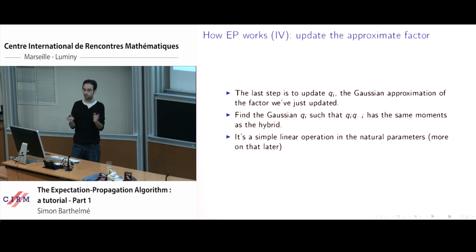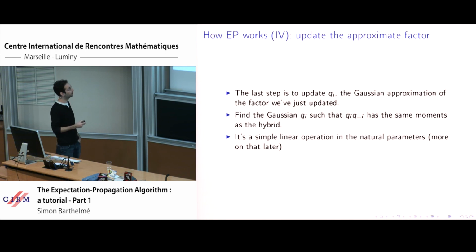And so this is the Gaussian effect of this likelihood site. And the way we get this Gaussian effect is that we find the Gaussian bit, qi, such that q minus i, which was our cavity, times the new qi, has the same moments as the hybrid. So we find a way of moving in the right direction. It sounds complicated, it's actually a simple linear operation on the natural parameters, so more on that later.